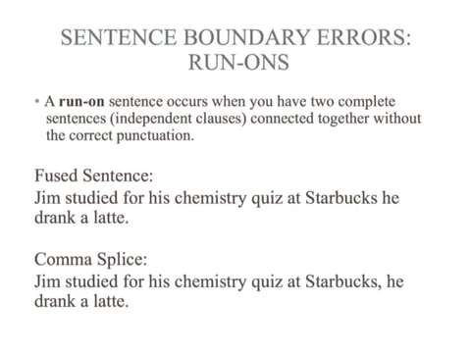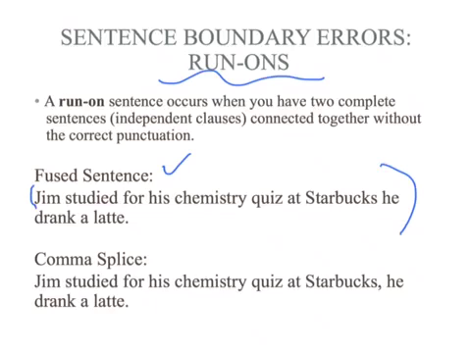The other sentence boundary error, a run-on, occurs when you incorrectly connect your clauses. So a run-on sentence occurs when you have two complete sentences, or two independent clauses, connected together without the correct punctuation. There's two kinds of run-ons. The first is a fused sentence. Here's an example. Jim studied for his chemistry quiz at Starbucks he drank a latte. As you can see, there's two independent clauses in this sentence.